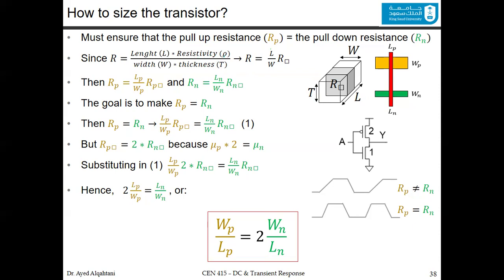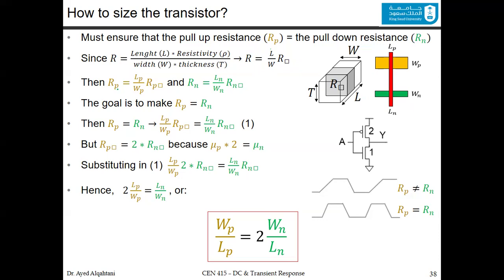It's a given value based on the material. For example, you have resistivity for any conductor: gold, silver, aluminum, copper, and so on. And you also have resistivity rho for certain diffusions, for the polysilicon and so on. So now this is the equation governing how to find any resistance.